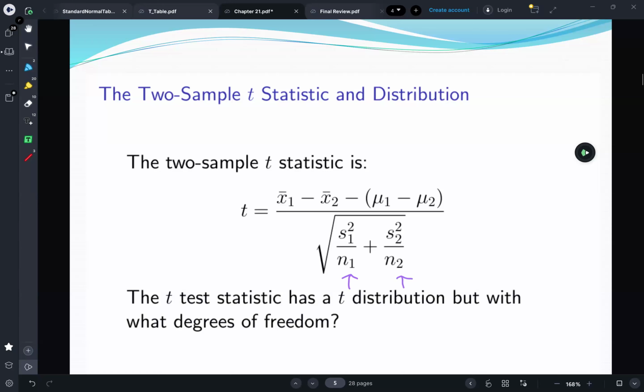The question is, when we do something like this and we're using the t distribution, what degrees of freedom should we use? When it's one sample, we would just take n and subtract 1. That would be our degrees of freedom. But when we have two n's, what do we use?